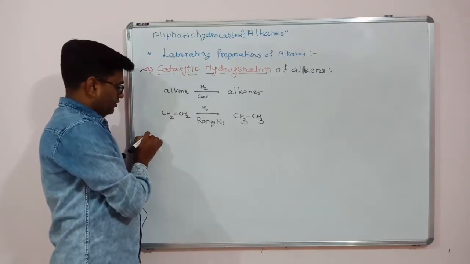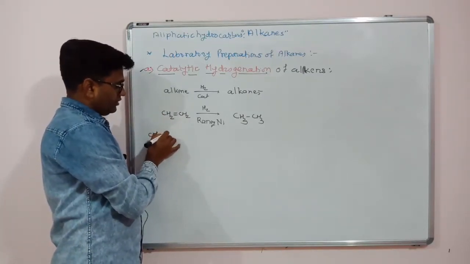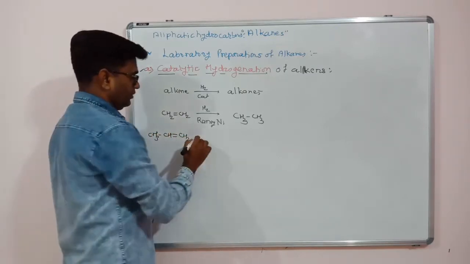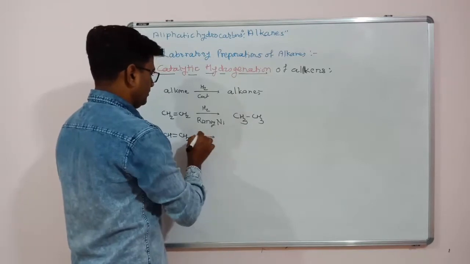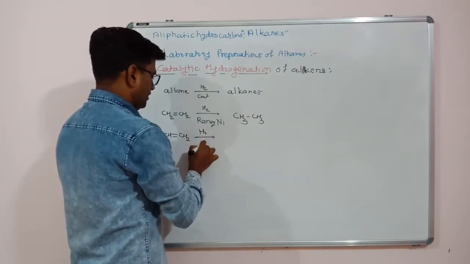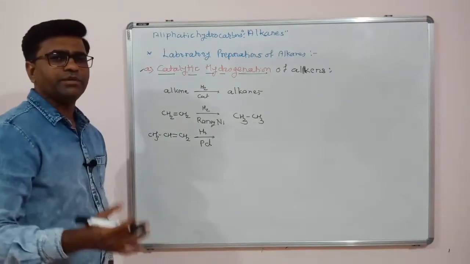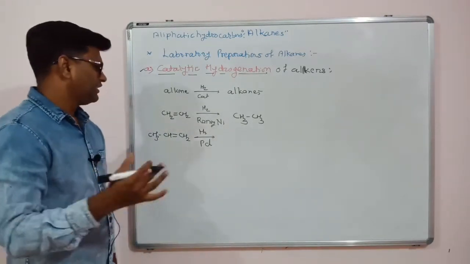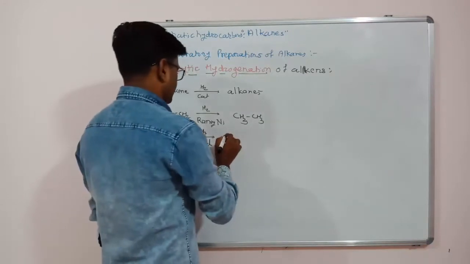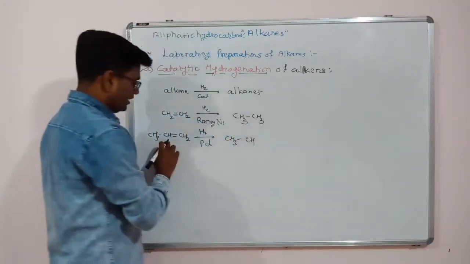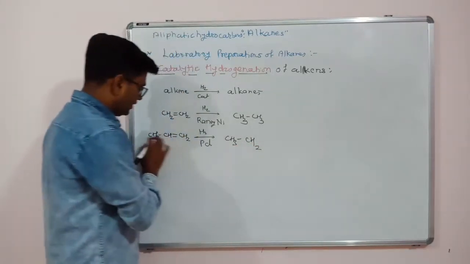Next, suppose propene, CH3 CH double bond CH2. Suppose Raney nickel, hydrogen, palladium, platinum, nickel. These are the catalysts. So CH3, CH becomes CH2. बाकी कुठे ॲड करायचं नाही.